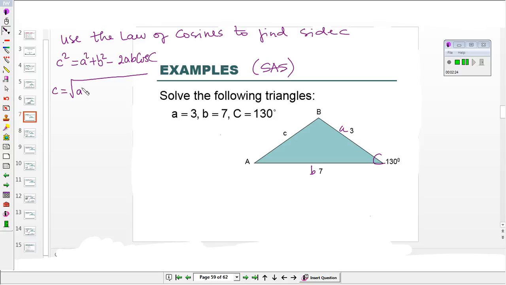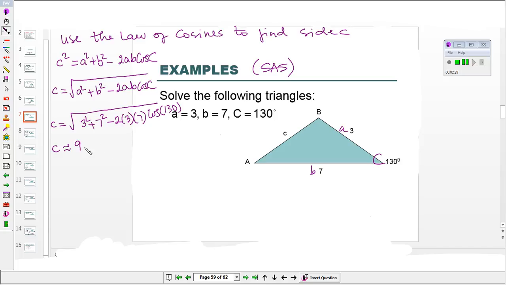So c equals the square root of a squared plus b squared minus 2 times a times b times cosine of the angle C. So now we go ahead and substitute a for 3, b for 7, and the angle C for 130 degrees, and put it in your calculator and make sure that you are in degree mode.